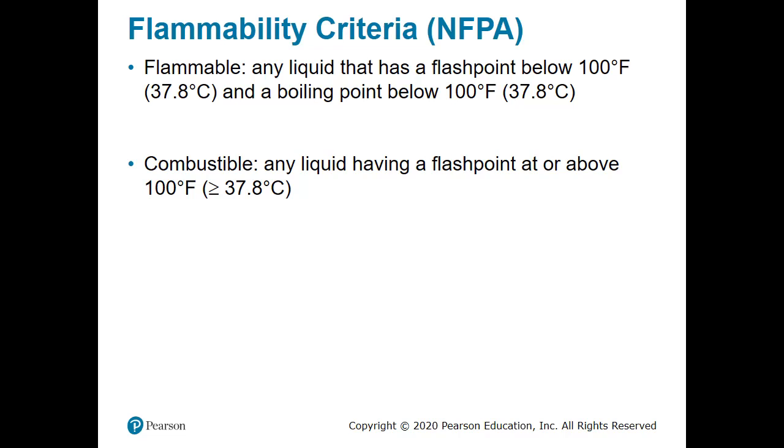So again, prevailing difference, flash point. 100 degrees is the target line. Below 100, we consider it flammable. Above 100, we consider it to be combustible. Now, just because it's combustible doesn't mean that it's not dangerous.